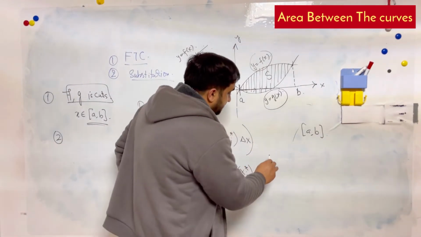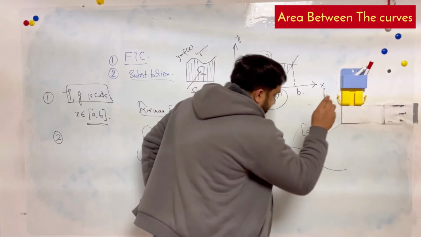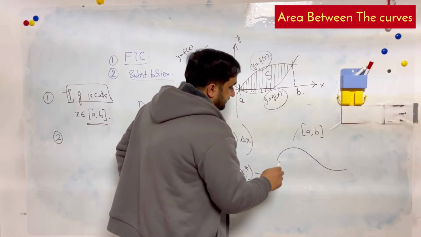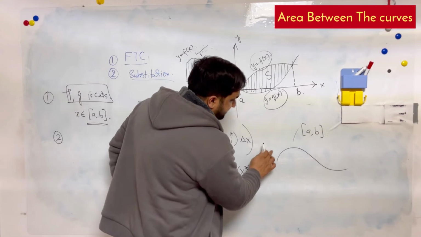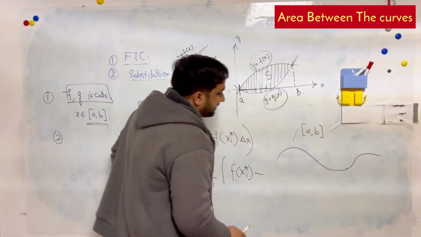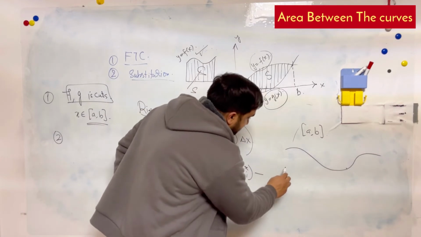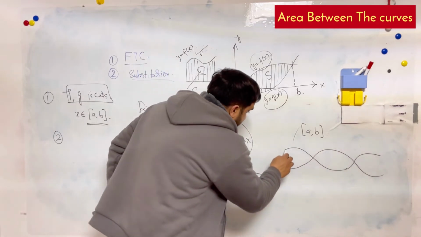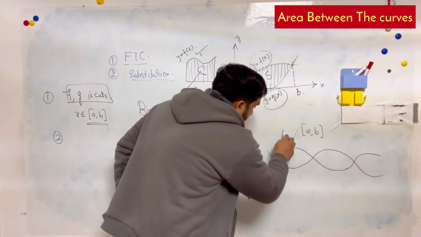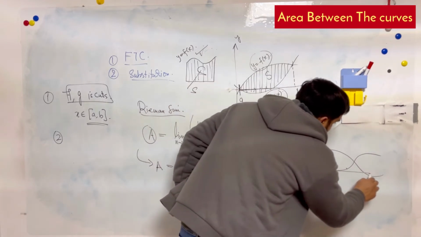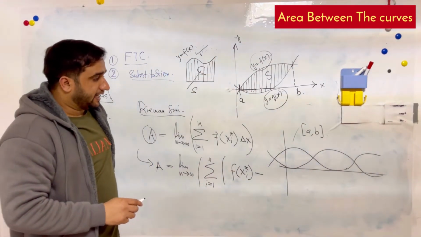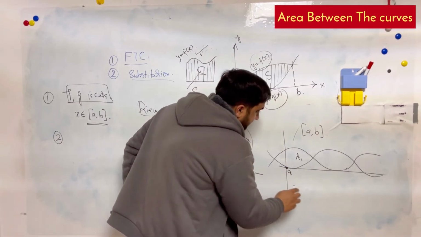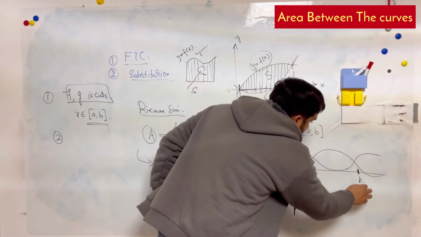Now for example, if the two functions are going like this, for example cos theta and sin theta, we will solve an example also, but I am just telling you, if one function is going like this, the zigzag curve of cos theta, and the other function is going like this, the zigzag curve of sin theta. Now if I am interested to know, say this is the x-axis and this is the y-axis, the area in between the region, if this is A and somewhere I am saying this is B.